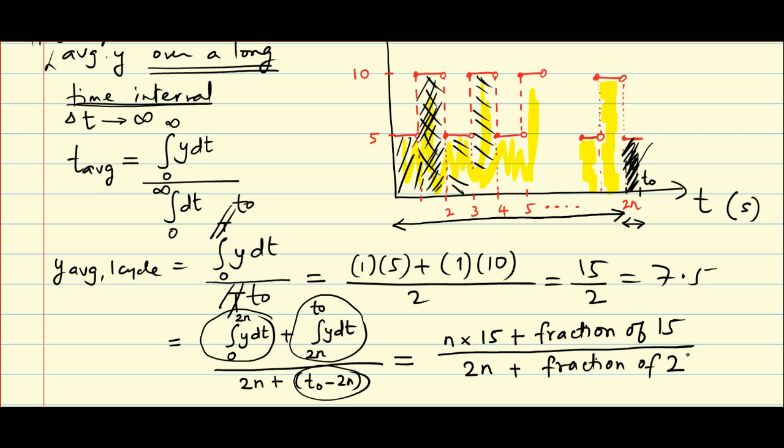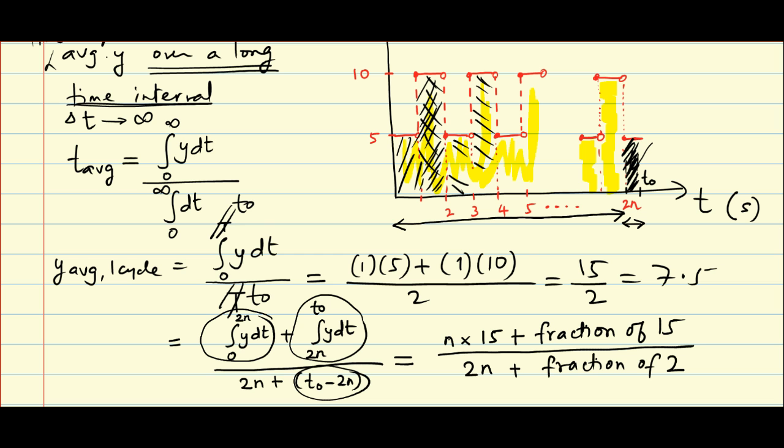Now why I expressed it in this way, it will be clear when I do one mathematical manipulation. Remember, I am finding the average value of y, and also remember that n is very, very large. Now I divide by n in the numerator as well as the denominator.